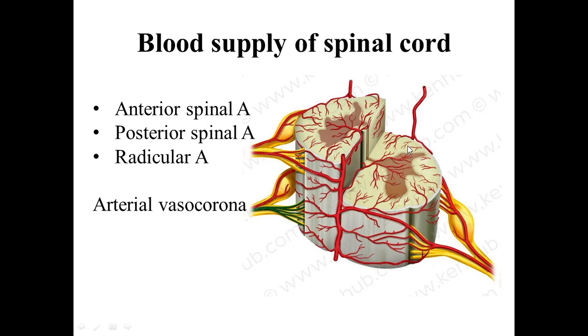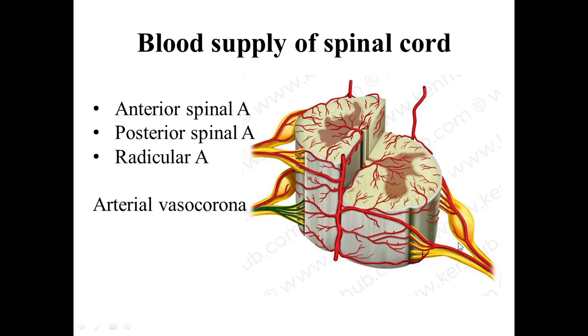Then there are radicular arteries. These radicular arteries run along with the roots of the spinal nerve. The spinal nerve has a ventral root and a dorsal root. There are two radicular arteries, the anterior radicular artery and the posterior radicular artery.